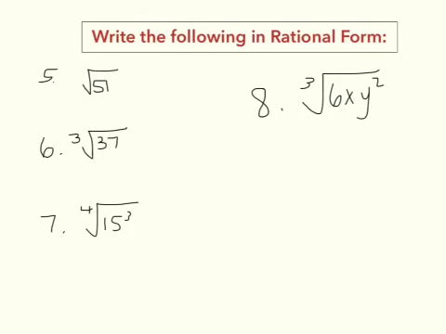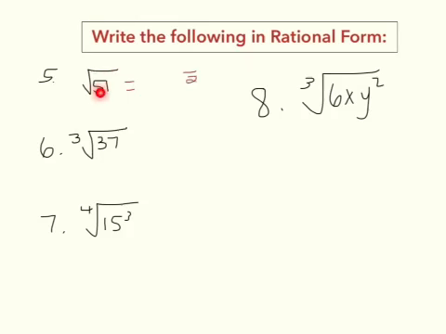So now let's go ahead and go the other way. Now we've got something in the radical form, and let's write it in the rational form. That means the base with the exponent. So remember that that nth root is the denominator in your exponent. In this case, we got a square root, that's 2. So that's going to be the denominator in our exponent.